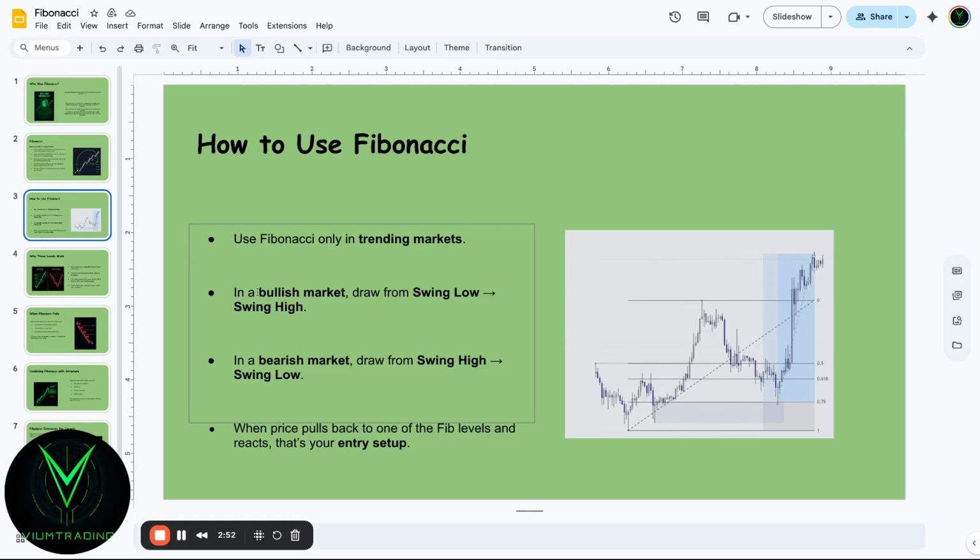And here it says, when there's a bullish market, you draw the Fibonacci from the swing low to the swing high, and then you'll be able to get your levels. In a bearish market, you do the same, from the higher to the lower.